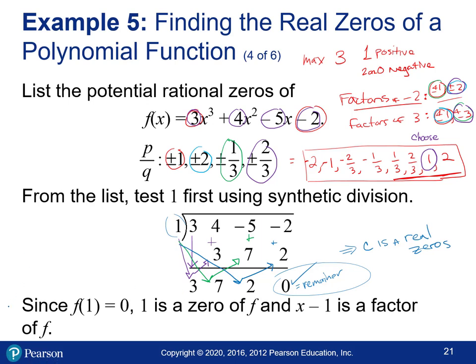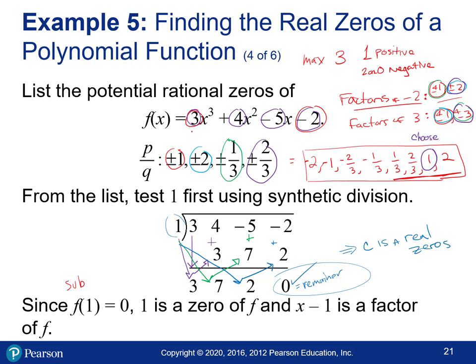Okay, so far, let's sum up what just happened. We made a list of possible rational zeros. We chose a number from the list. We used synthetic division to figure out if this goes in evenly, which it did. It had a remainder of 0. Our other option would have been to just plug that number in. This would have been the substitution method.